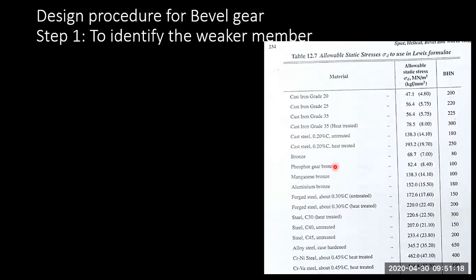For phosphor bronze, the value of the allowable stress is 82.4. So 82.4 is the allowable stress for a phosphor bronze material. Let's note down this value for the allowable static stress. Again, this is from table 12.7, which we have been using for the last 3 types of gears.